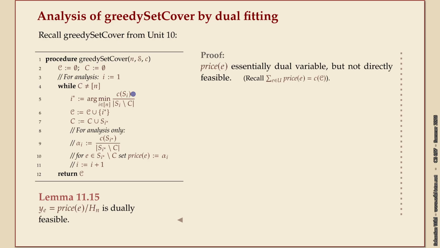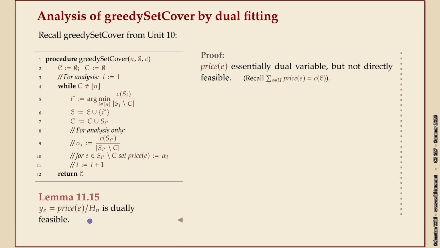And back then we showed that each element is covered at a certain price, namely when it's first covered, we compute the price of the set we included per new element and fix that. And we showed that this price can be upper bounded because you could have, at any point in time, just taken the optimal solution to cover all that's left. Here we'll see a slightly more fine-grained analysis if you want, although the result is the same.